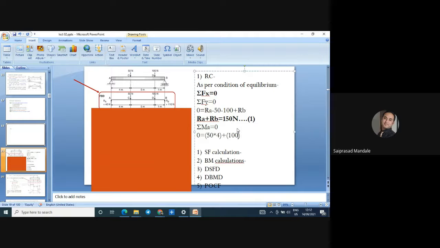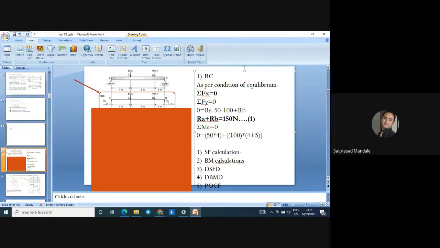Plus 100, I'm putting one more bracket to simplify things. 100 into the distance of the force. 100 lies at a distance of 4 plus 5, so I'm going to write 4 plus 5 into 100.